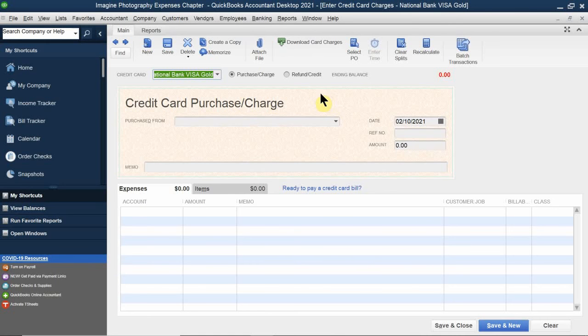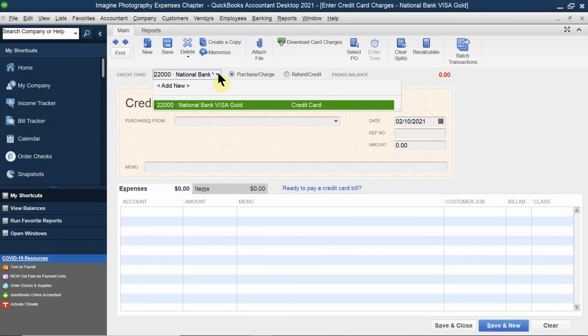So in this case, I'm making a purchase using a credit card. That's what I'm going to be doing here. It's going to allow you to choose the credit card that you want to use. This company only has one credit card, and that is this National Bank Visa Gold credit card.